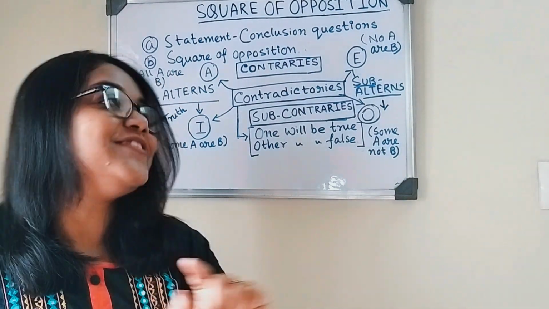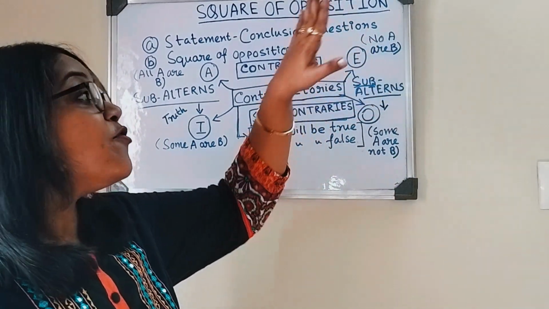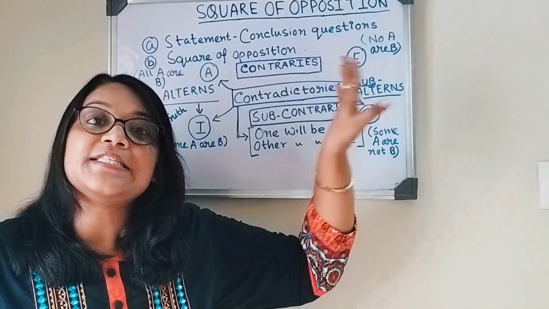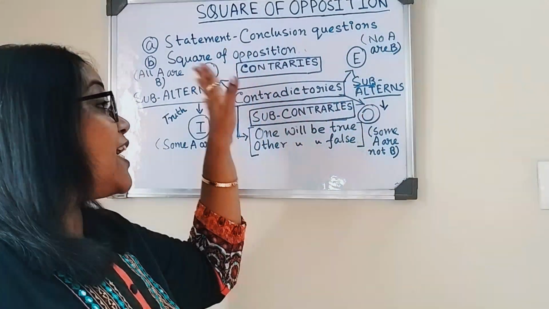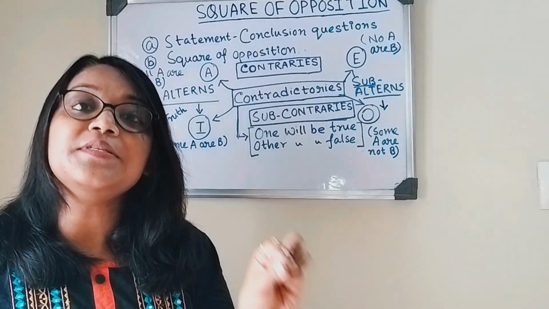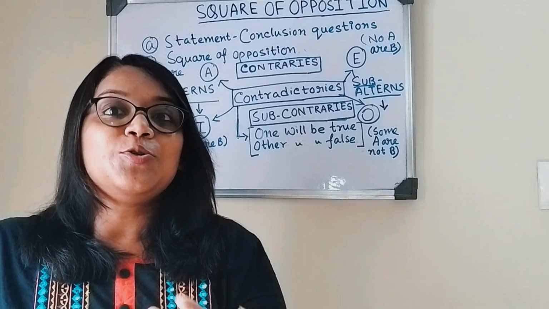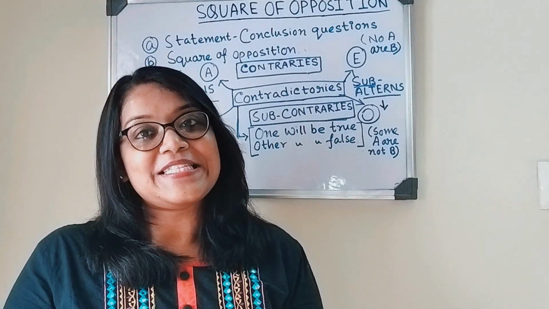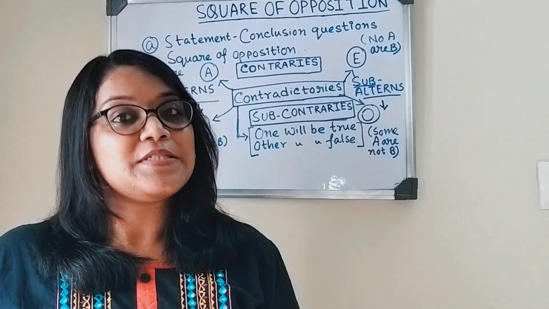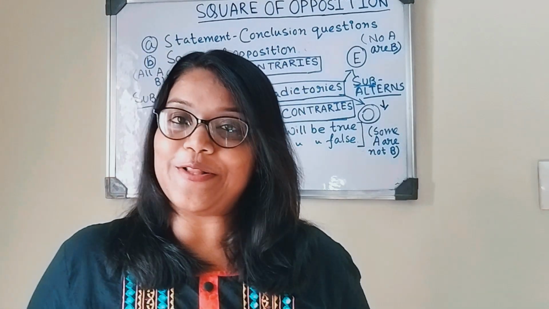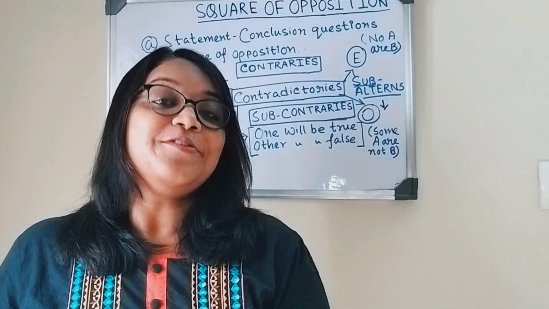But if E is false, then the A type of statement with the same subject and same predicate can be either true or false. So nothing can be said about the A type of statement, because they can be false together also. I think this is clear.